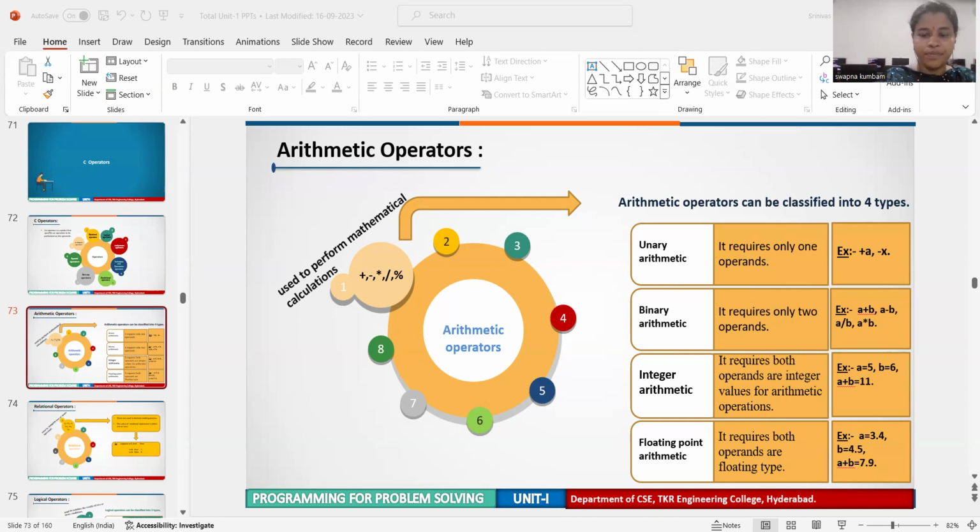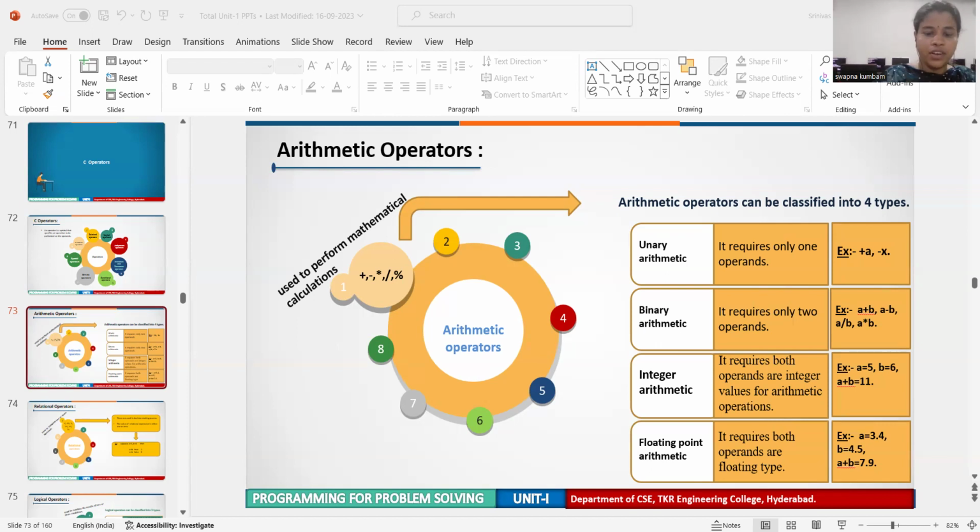If the operator is applied on two operands, then we can call it a binary arithmetic operator.